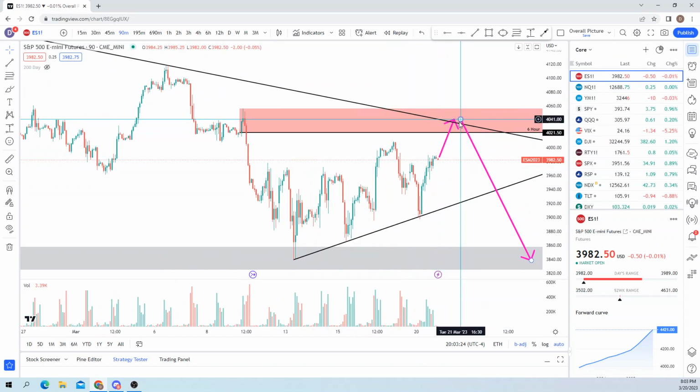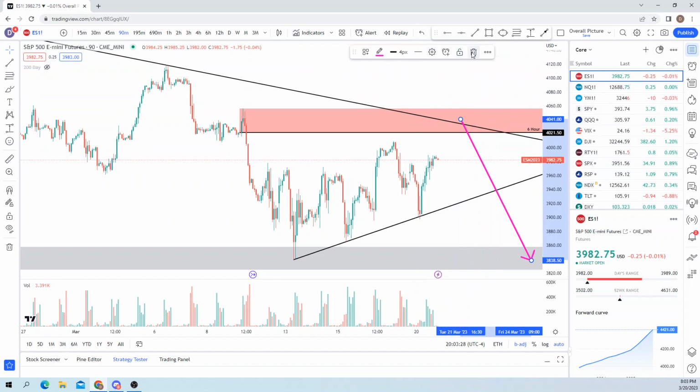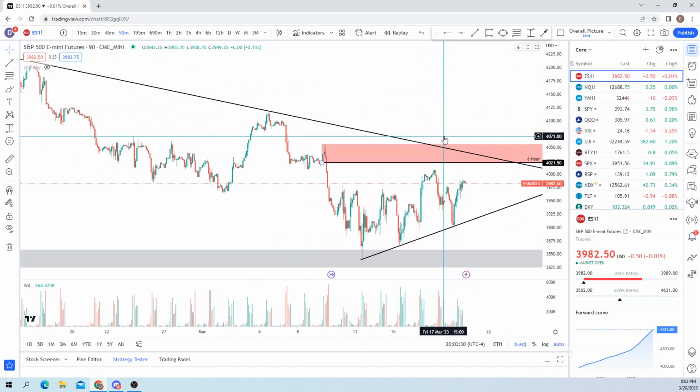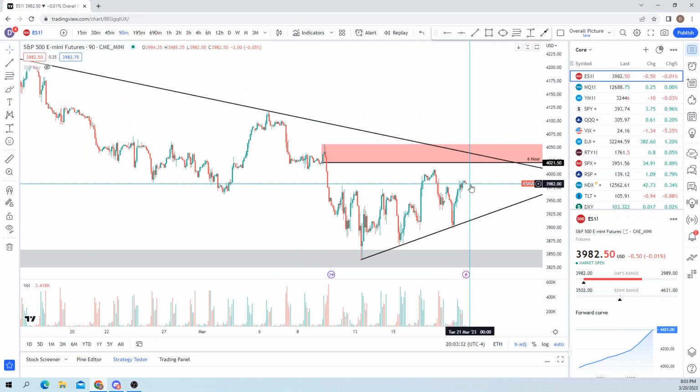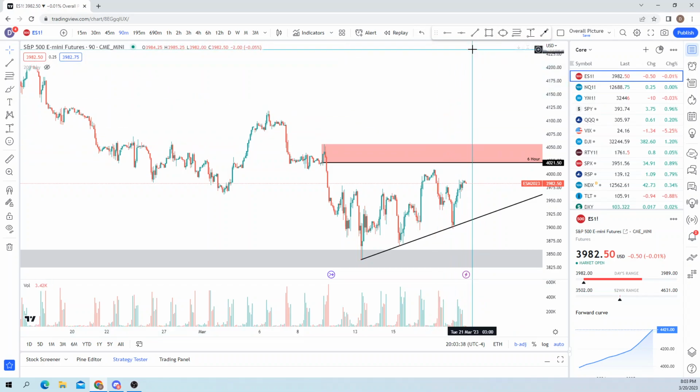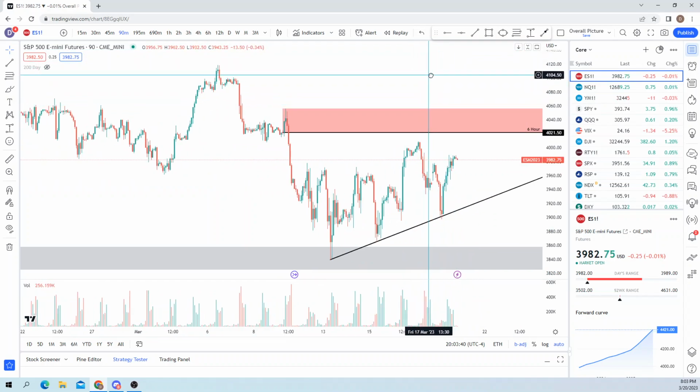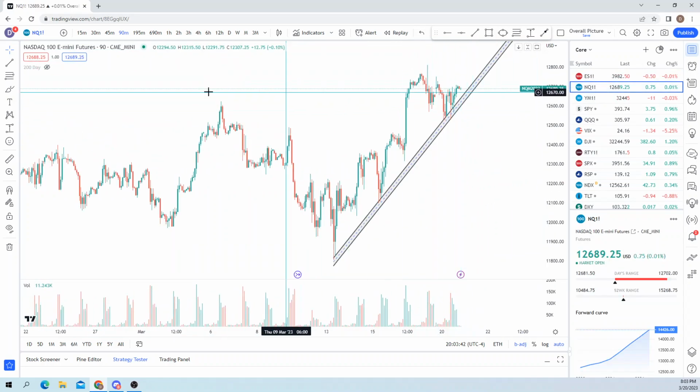So it could look like that. Now if this does not work, if the S&P remains resilient and bulls continue higher, this next short, in my opinion, is slightly better, right?